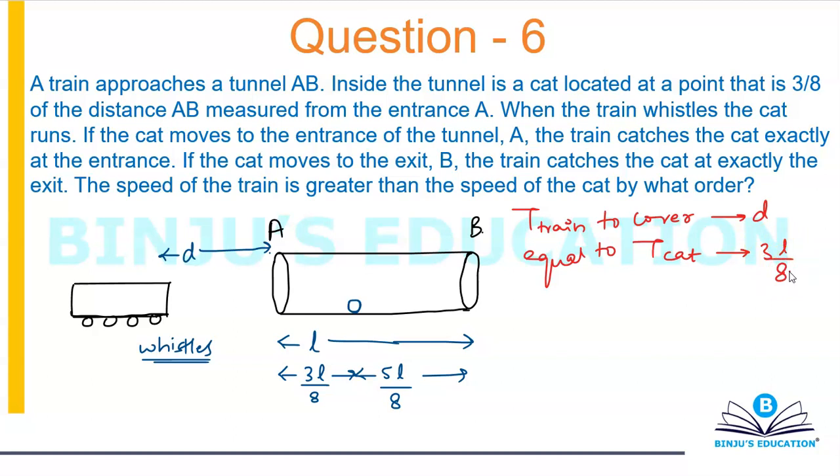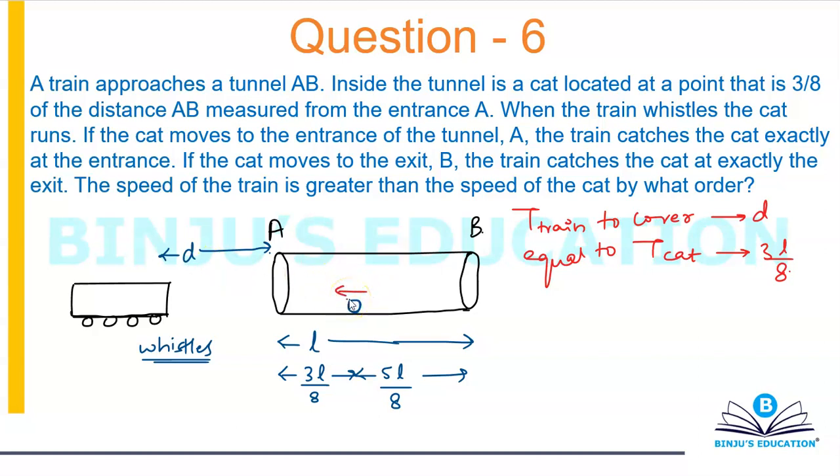When the train whistles, the cat runs. Okay, read the statement carefully. When the train whistles, the cat runs. So train whistles at a distance of D from the tunnel. The cat runs towards A.